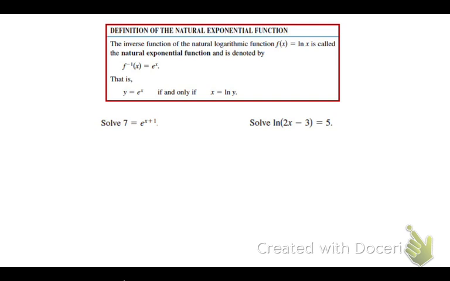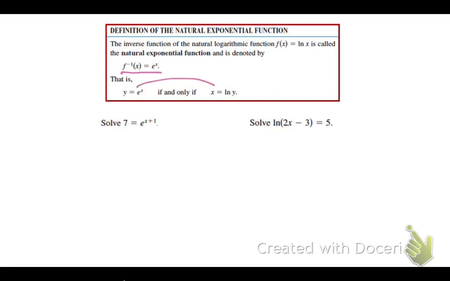But anyway, differentiation of the natural exponential function. Natural means it's base what? E. Okay, so the inverse function of the natural logarithmic function, natural log of x, is called the natural exponential function and is denoted f inverse of x equals e to the x. And you guys know this.